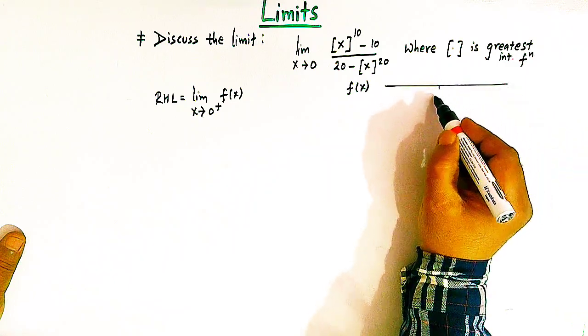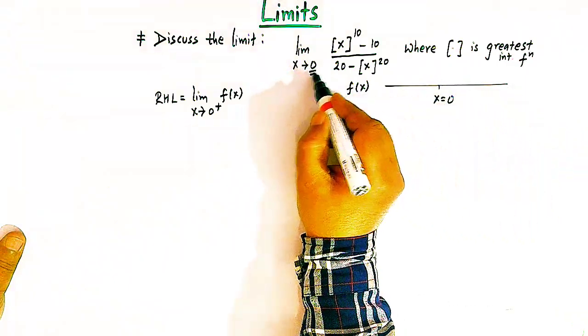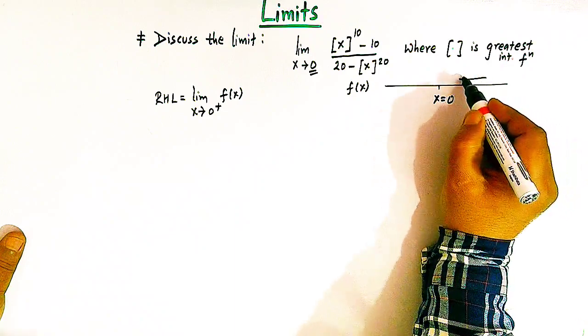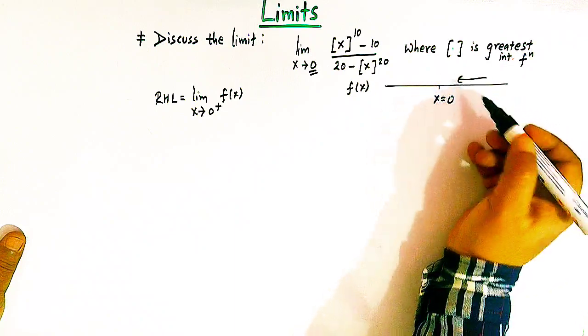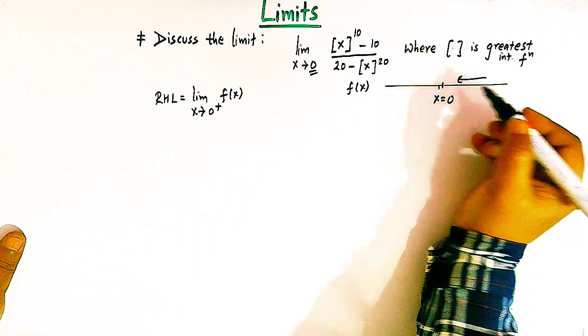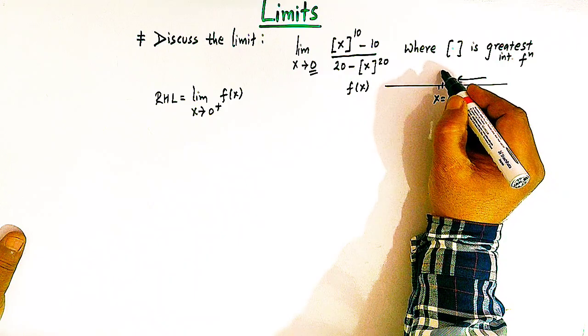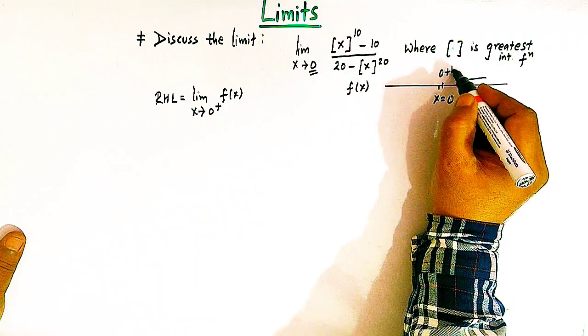When we approach x equal to 0 from the right, we have a point in the neighborhood of x equal to 0, and that point is 0 plus h.